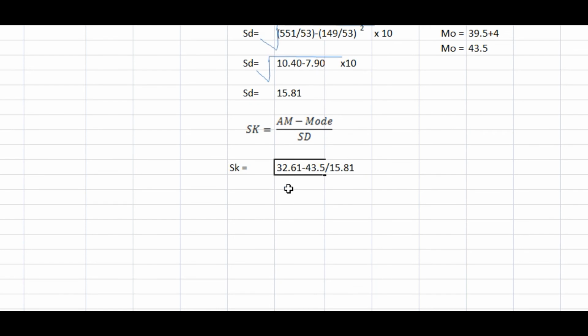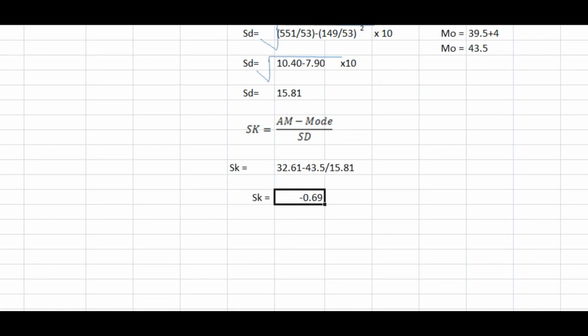Now you solve this: 32.61 minus 43.5, whole divided by 15.81. The answer of skewness comes out negative, minus 0.69. So 0.69 is the value of your skewness.